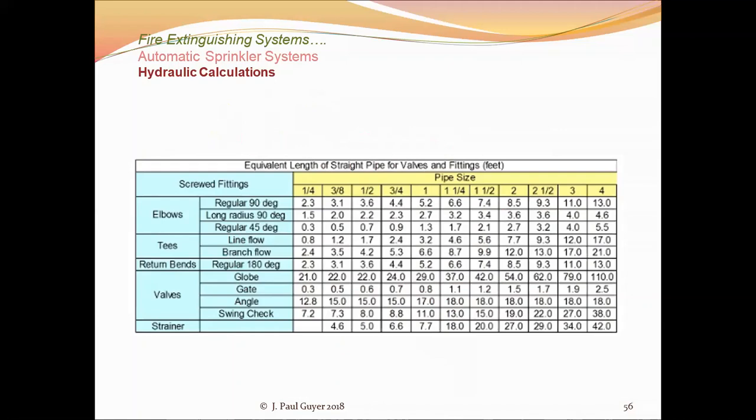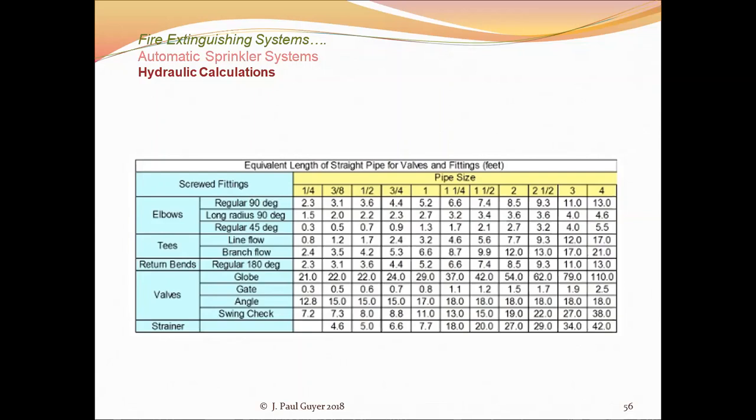And at the most hydraulically remote location where a fire might break out, you need to calculate the pressure loss between where the water enters the building and that most hydraulically remote location, which is normally the most geographically remote.